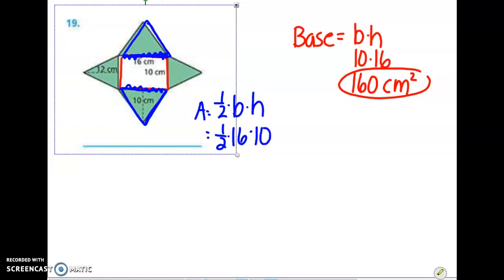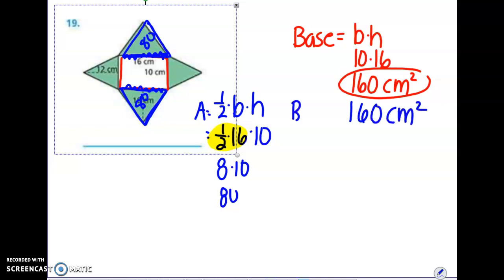I'm going to do my little trick again. I'm going to take half of 16, which is 8, times 10 is going to give me 80. So that tells me that this triangle is 80 and this triangle is 80. Okay, so 2 triangles each 80 is going to also give me 160 centimeters squared. So my base is 160. My 2 blue triangles together add up to 160.